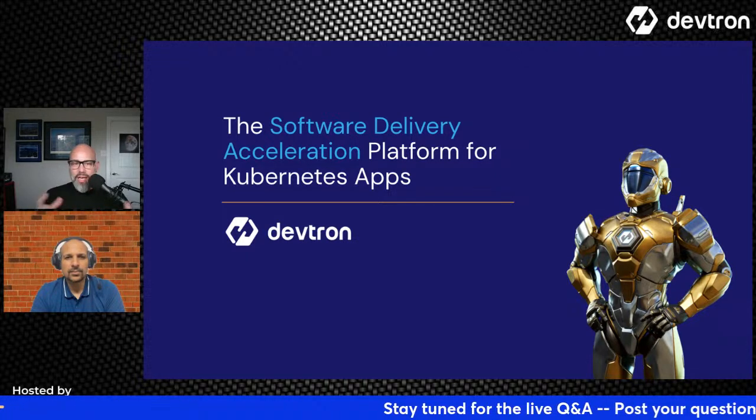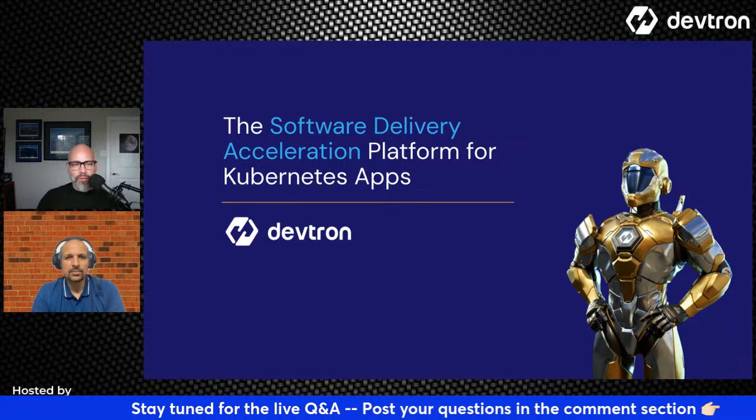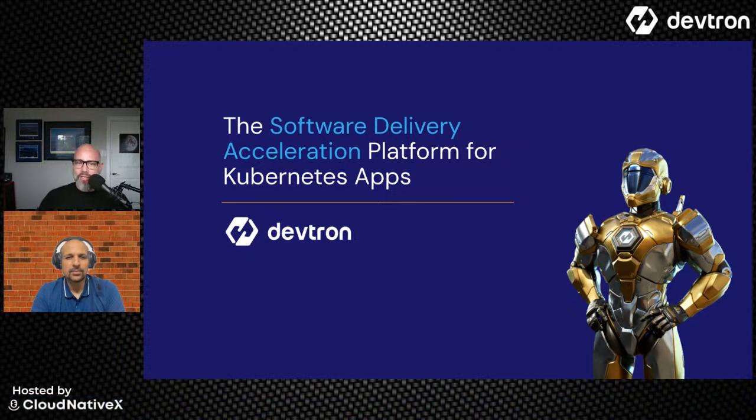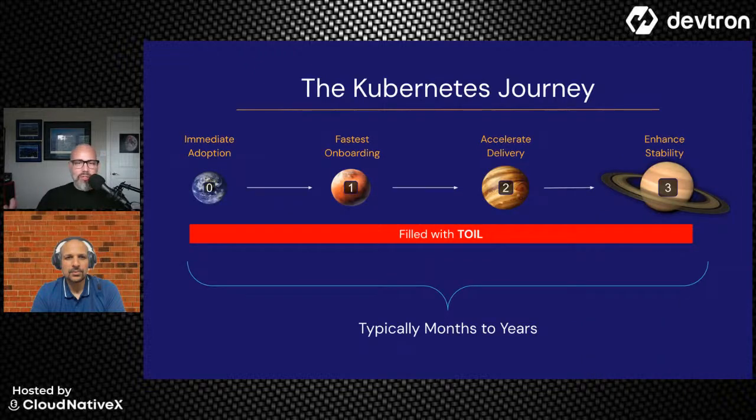I'm going to introduce Devtron just a little bit to you. So we are a software delivery acceleration platform for Kubernetes applications. And what we'd like to do is talk about adopting Kubernetes as a journey, because most companies don't start in Kubernetes. Most companies start with something else. And even if you are starting off with Kubernetes and natively there, you're still going to hit most of these phases as you go through.